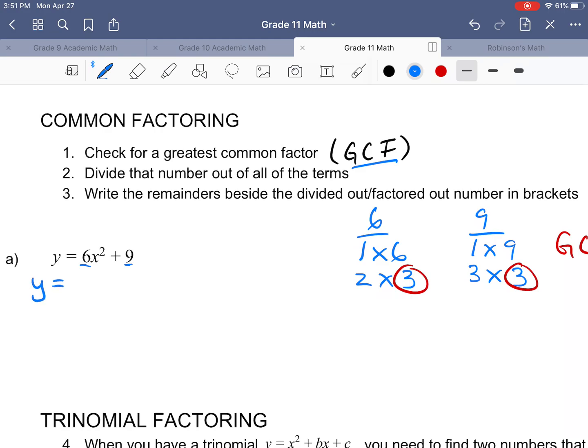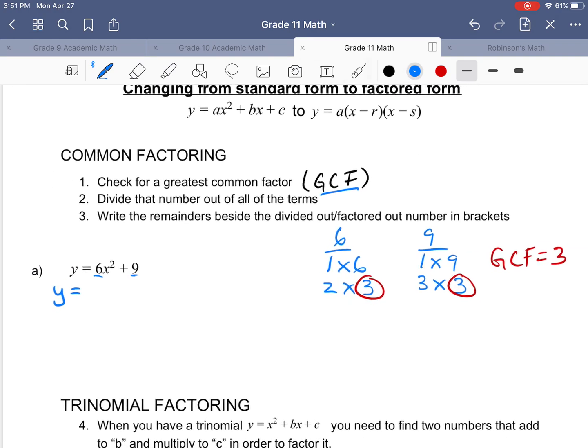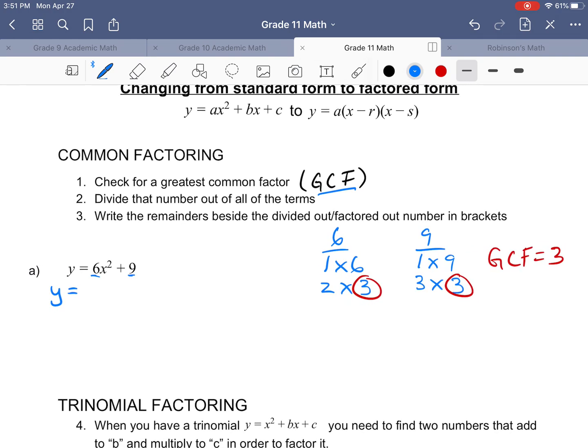So we are going to start off, though, by writing that greatest common factor, that is 3, in front. Okay, so this is the number we are dividing out or factoring out. And now in the brackets, we're kind of doing 2 and 3 together because they go together. So we are going to be dividing 6x squared by 3.